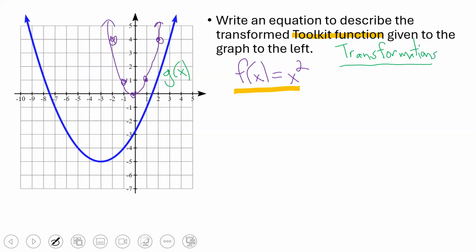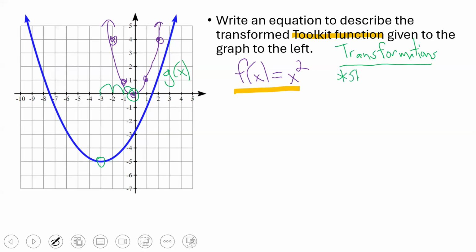And since they're often easier to identify, I'm going to start by looking at shifts left and right and up and down. If I focus on this lowest point of the graph there and compare it to the lowest point here, one thing I see is that the graph has been shifted to the left 1, 2, 3 times.